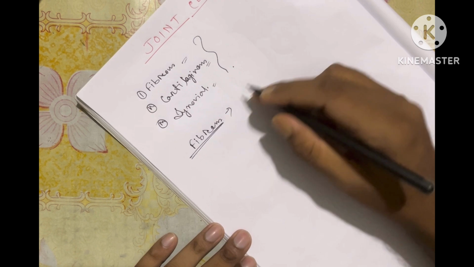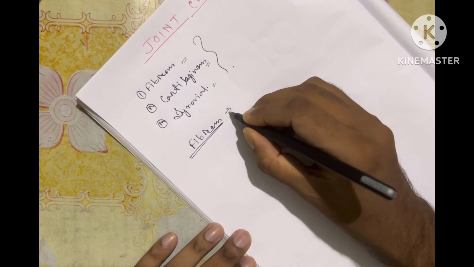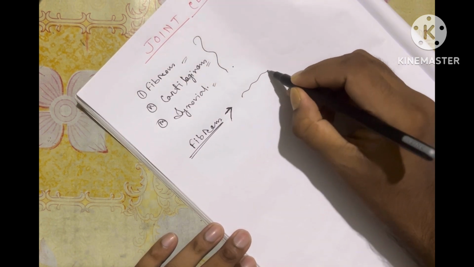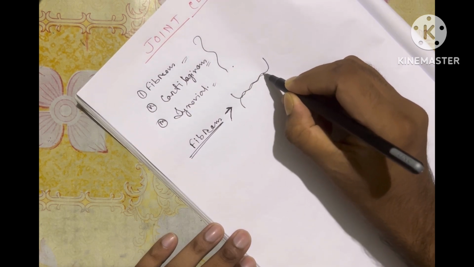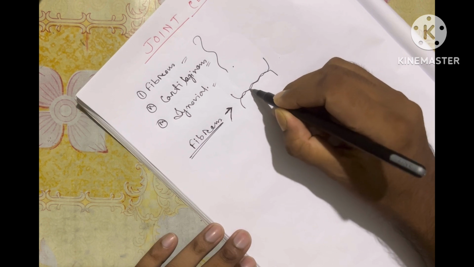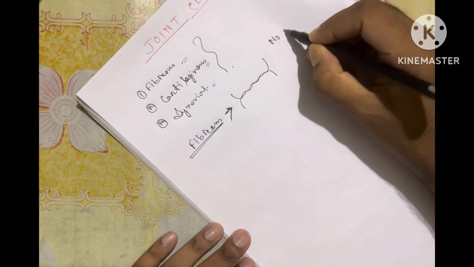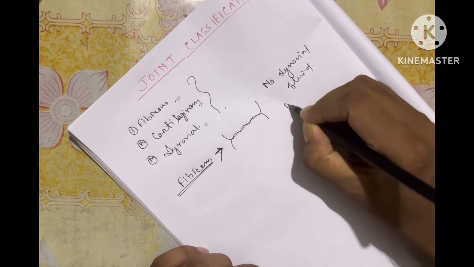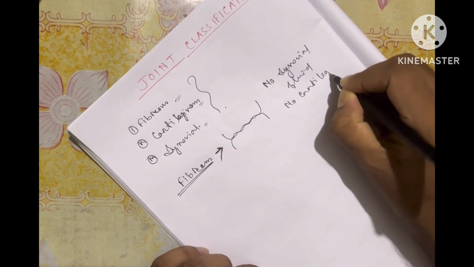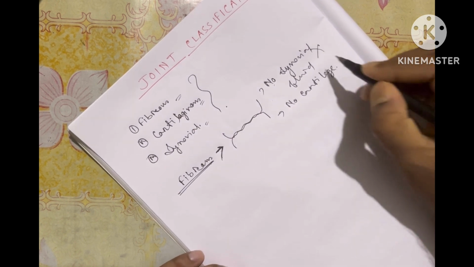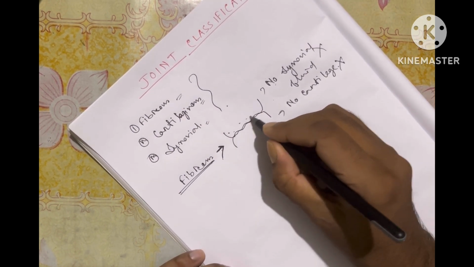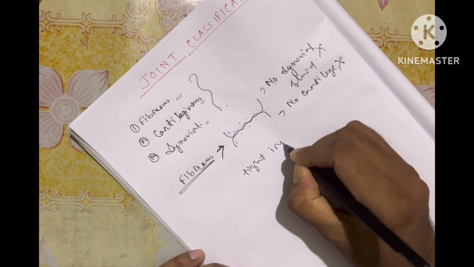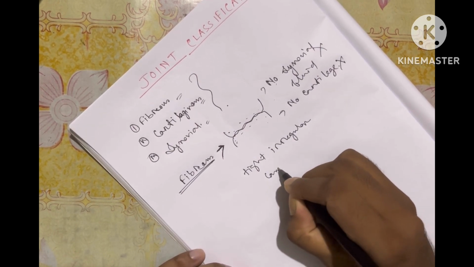As the name suggests, the articulating bones, whether hard bone or soft bone, doesn't matter, when they connect, for example, this is one bone and this is another bone, if there is no gap between them, no synovial fluid and no cartilage, both the bones are held together by some kind of tight, irregular connective tissue.